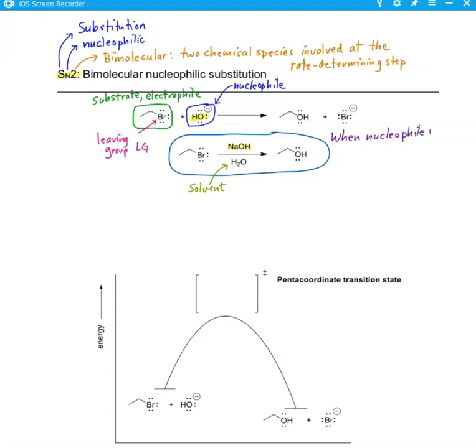So when the nucleophile is an anion, it is introduced to the reaction as a metal salt. So in other words, a cation and an anion.